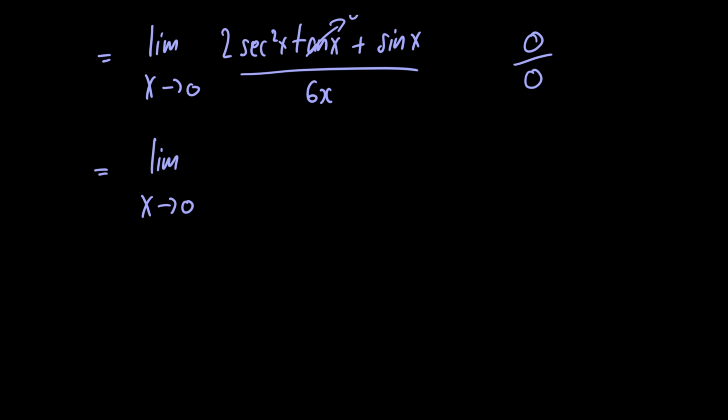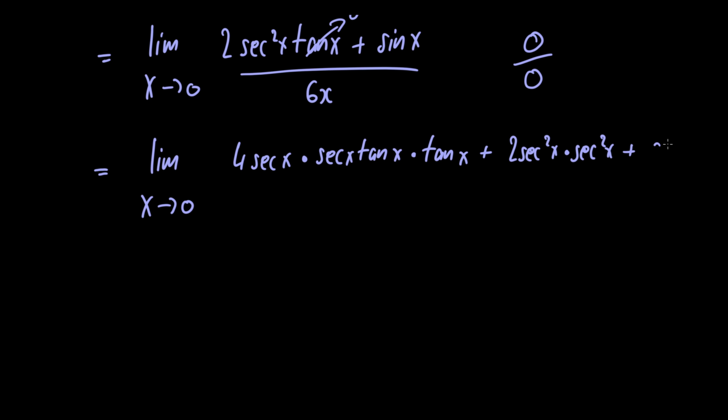Now in order to take the derivative of the first part of the numerator we're going to have to use the product rule. So we're going to have 4 times secant of x multiplied by secant of x times tangent of x multiplied by tangent of x plus 2 times secant squared of x times secant squared of x plus cosine of x divided by 6.